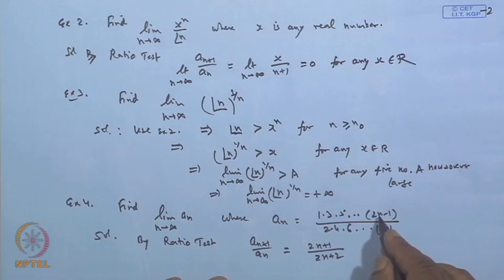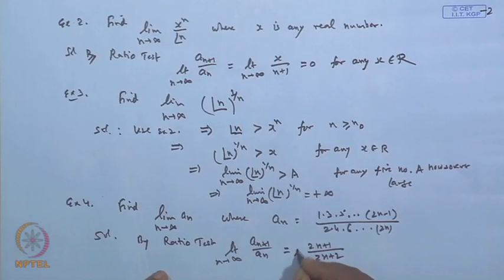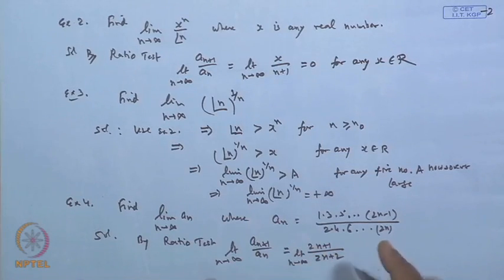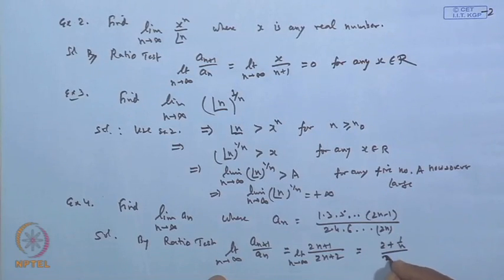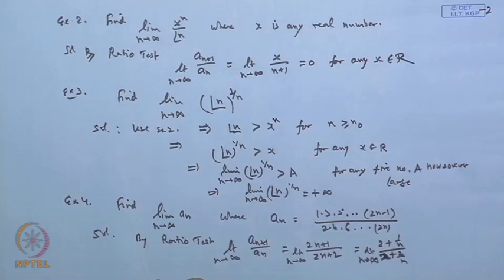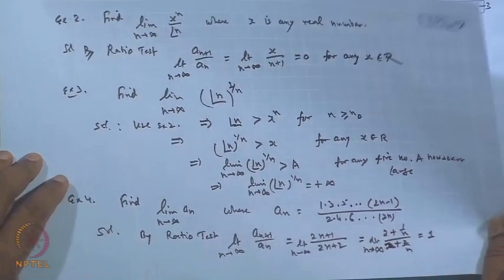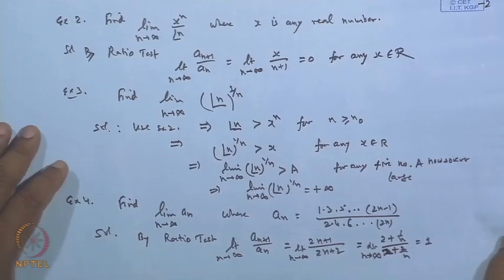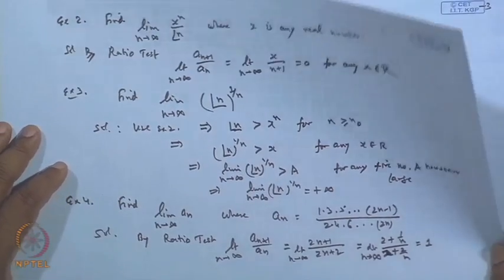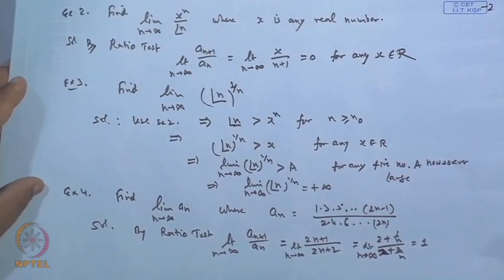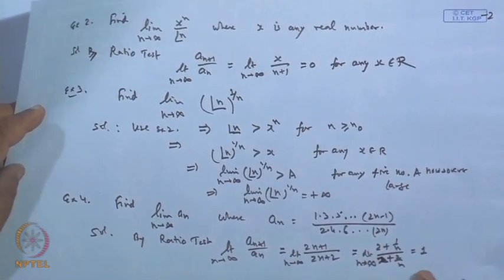The limit of this as n tends to infinity: divide by n, so it comes out to 2 plus 1 by n over 2 plus 2 by n, and the limit as n tends to infinity will come out to be 1.